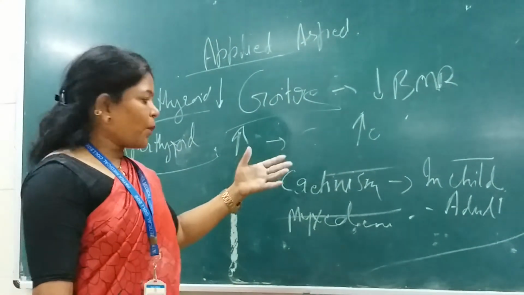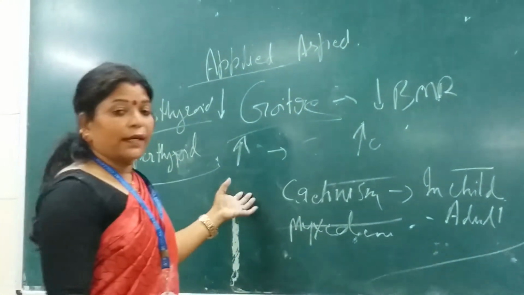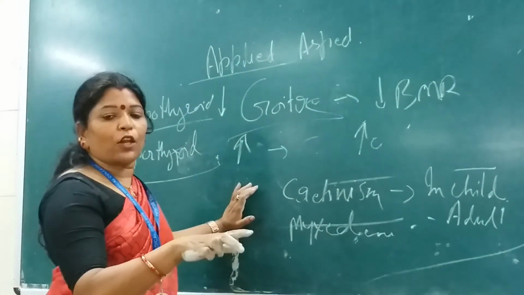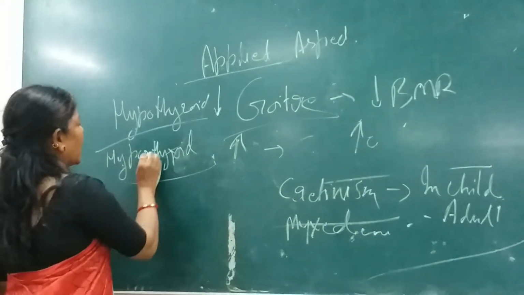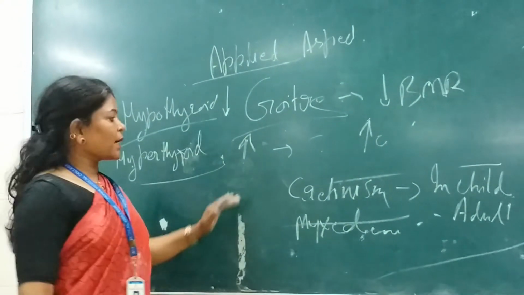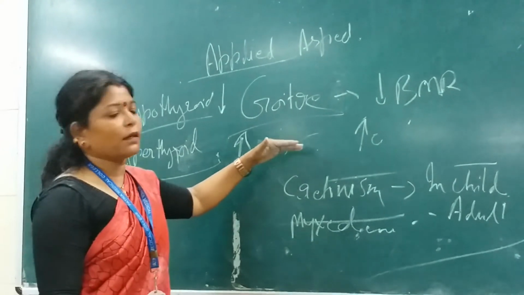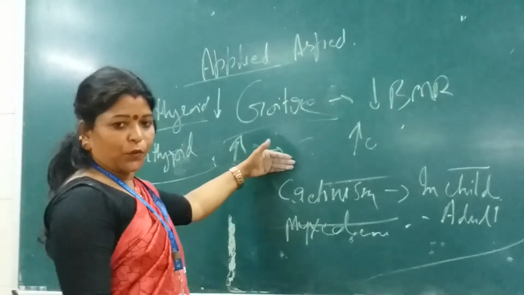Hyperthyroid is just the opposite: loss of weight, the eyeball will be protruded, tachycardia, there is tremor also, along with a systolic murmur here in the hyperthyroid. So these are the contrasting features in relation with the functions of the thyroid gland.